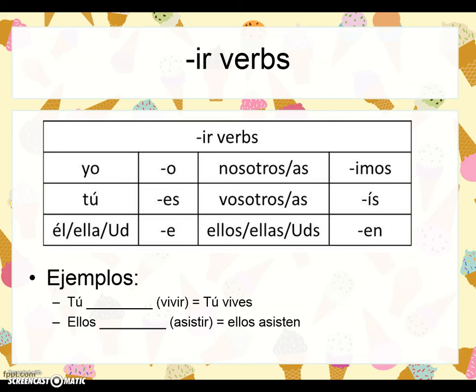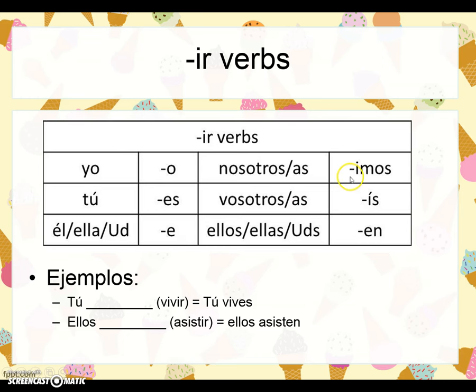Okay, our IR verb endings are pretty much the same as our ER verb endings except for two conjugations. Okay, so you'll see the O is the same. If you're conjugating a verb in the tu form, it is the same, ES. It is also going to be E for the el, ella, usted form.